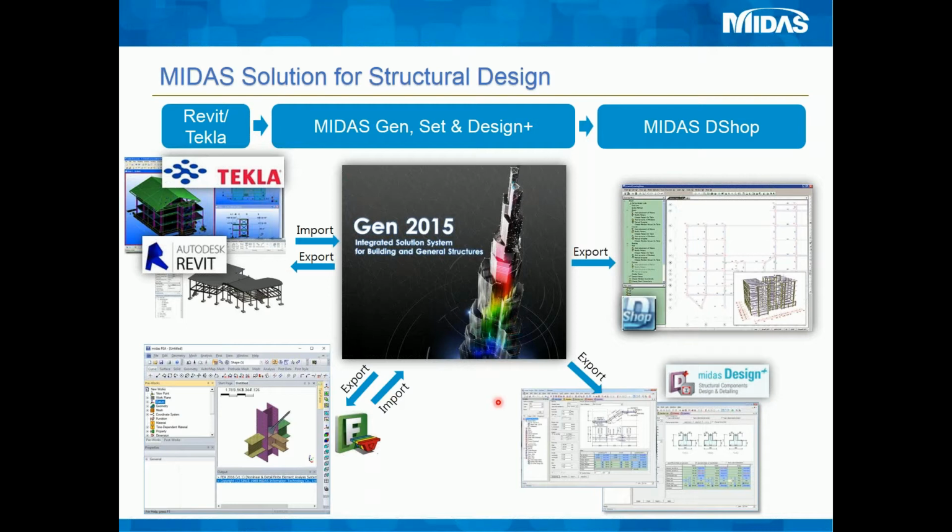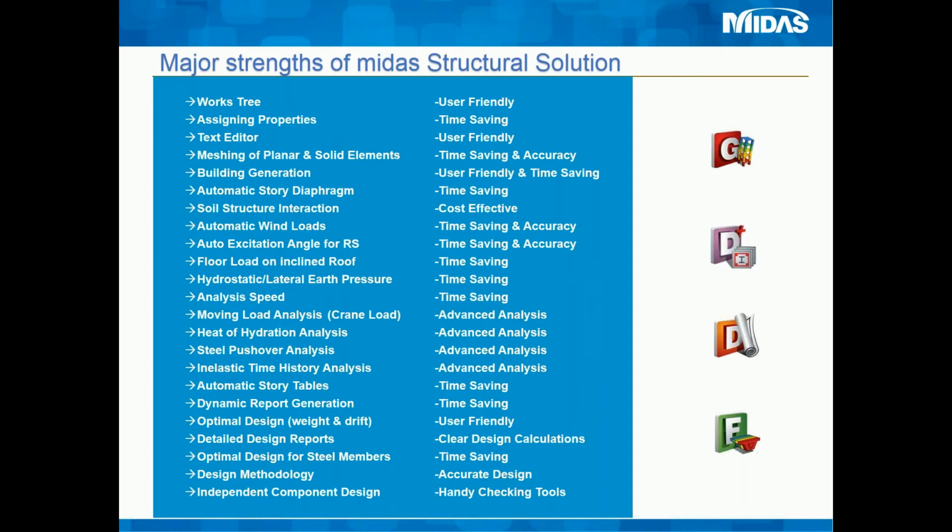That takes us further to the major strengths of MIDAS structural solutions. The worktree in MIDAS Gen is user-friendly. It can assign properties, saving a huge amount of time. MIDAS Gen also has a text editor that is so user-friendly that a beginner need not have code reading experience.